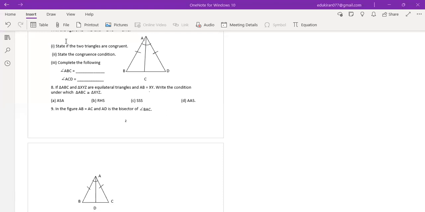And Abdullah, you got 28 out of 30? Yes, ma'am. Congratulations. So where did you lose the 2 marks? Ma'am, one question. What was the question? I think it was an algebraic equation. So you made a calculation mistake?